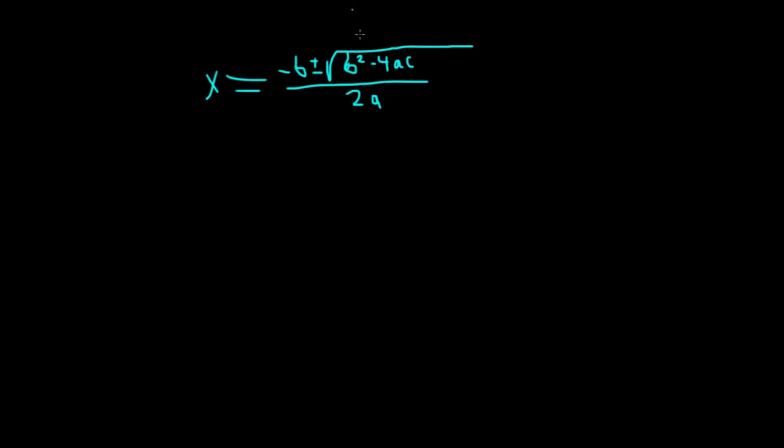Well, the discriminant is just looking at the stuff under the square root, or radical. So if this value, when you plug everything in, is greater than 0, you're going to have two solutions.